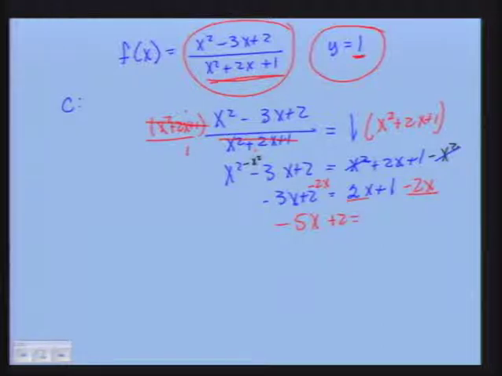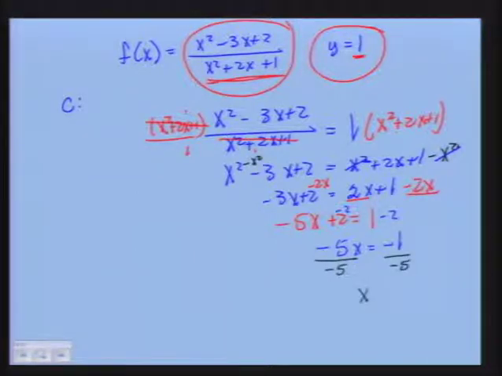Check our arithmetic. Don't assume it's going to work because we could have thought backwards. It does work, and it equals 1 for us. And now, if we subtract 2 from both sides, we'll get our x term isolated. So 1 minus 2 is -1. Then divide by -5 to get the coefficient of x to be 1, and x equals 1/5.